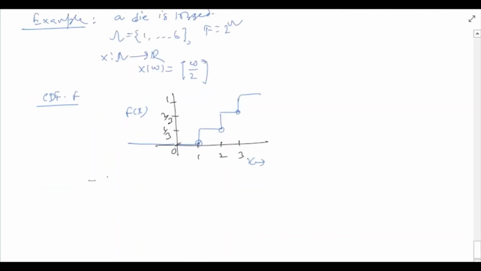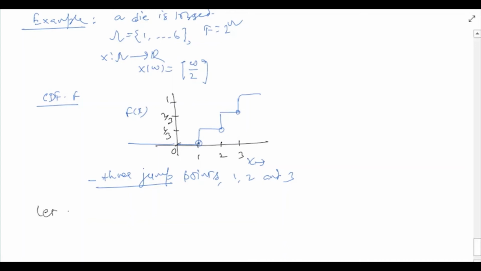Here there are 3 jump points: 1, 2 and 3. The above property says that in general there can be either finite or countably many jump points.